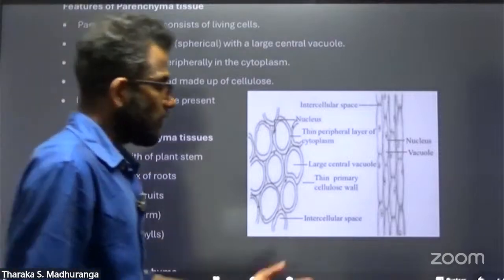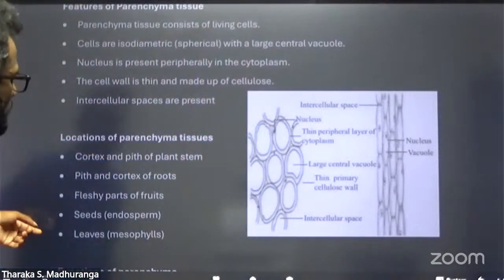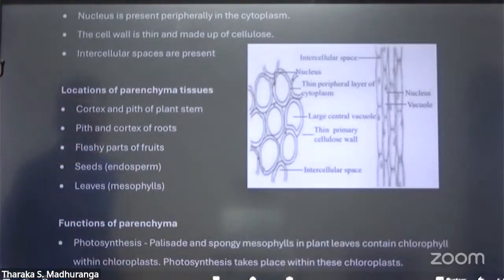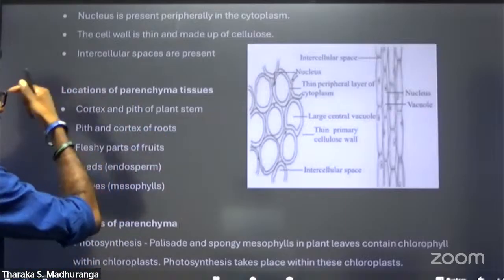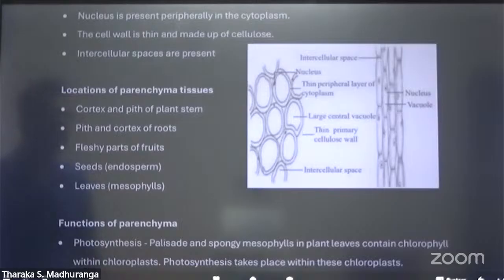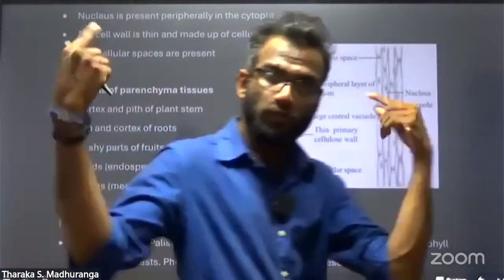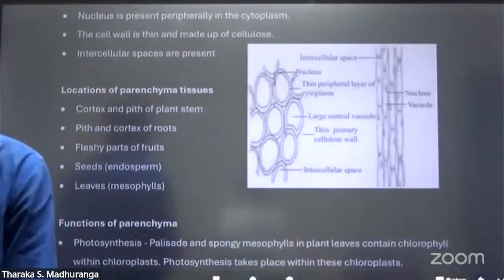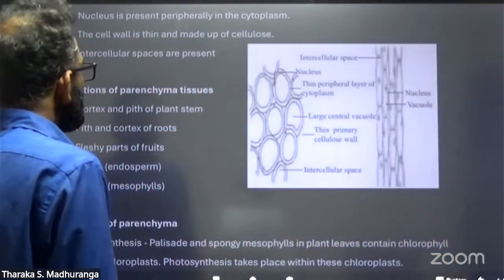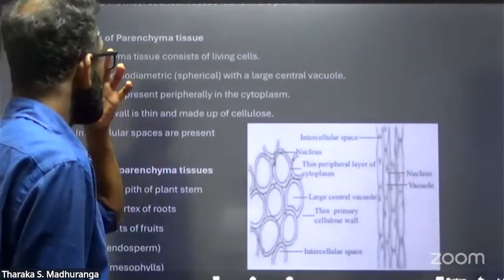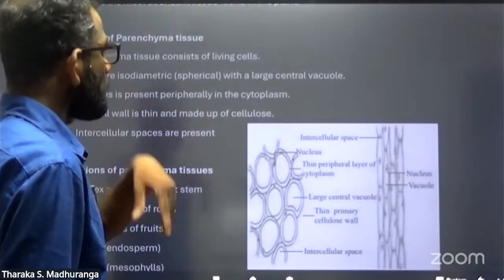Okay, you can see where it is located: fleshy parts of fruits and fleshy seeds, leaves, pith and cortex of the roots, and cortex and pith of the plant stem, that means shoot parts. The immature parts mainly have this parenchyma tissue, and they are live cells, very important for the photosynthetic process.